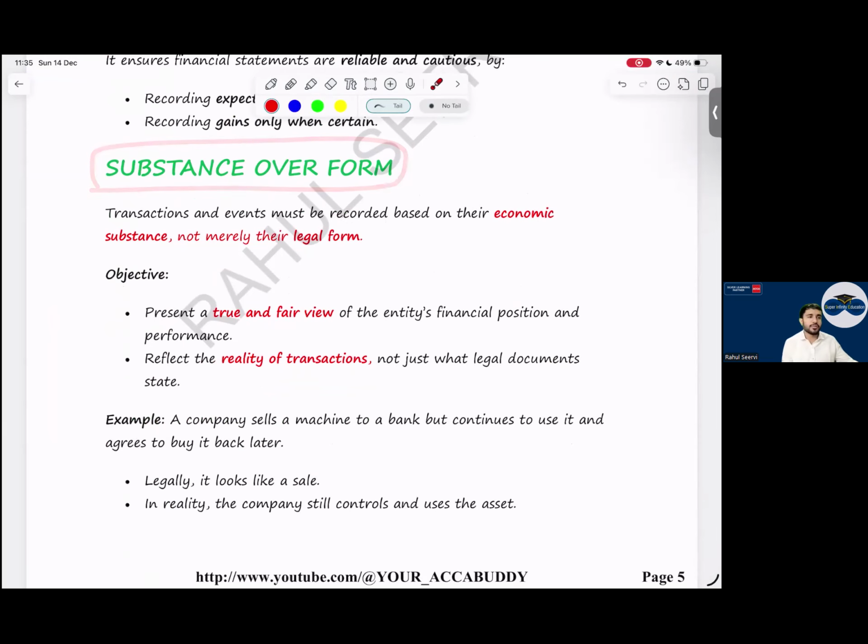Then coming to substance over form. What does substance over form mean? Everyone say me. किया हुआ है सब topics. Just now we have discussed leases. And one more thing, let me test.